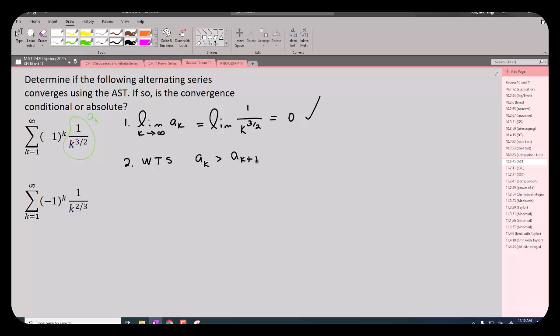If that limit is 0, for this next step to fail would take some work. Are we able to use the p-series here, even though it's alternating? No, we can't use p-series. We can use p-series for the follow-up to this, which is whether we have conditional or absolute convergence. So we can't use p-series yet.